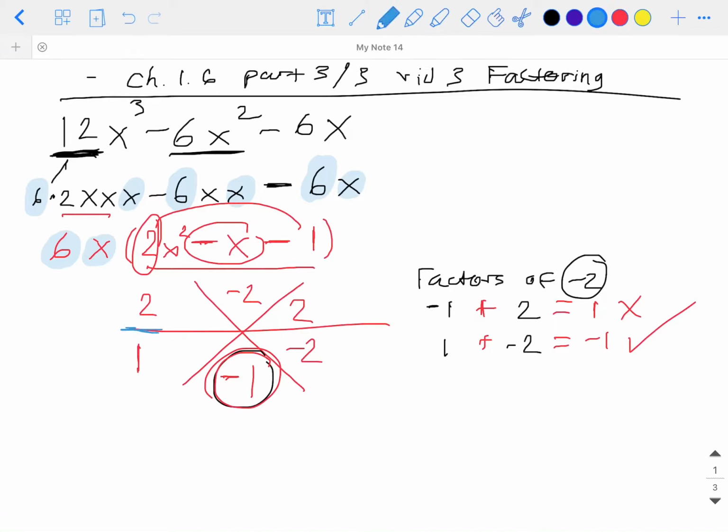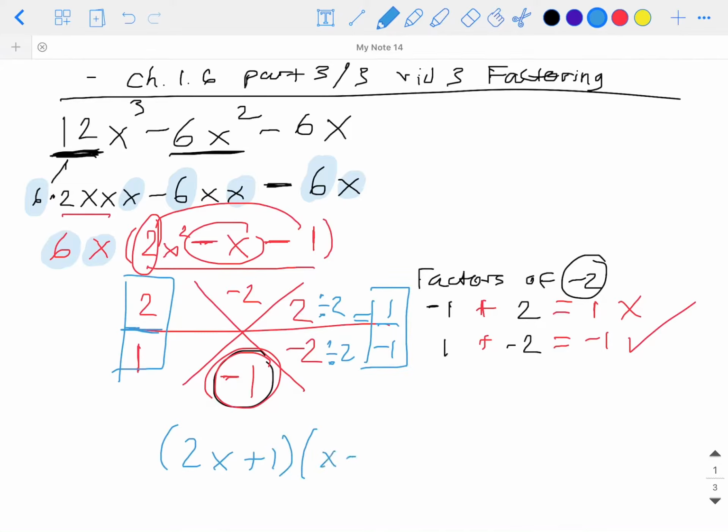Treat 2 over 1 as a fraction. This is already simplified, so therefore we can treat it as 2x plus 1. Now, as for 2 over negative 2, we can divide the 2 on the top and the bottom, which is 1 over negative 1. So in the parentheses, it becomes x minus 1.